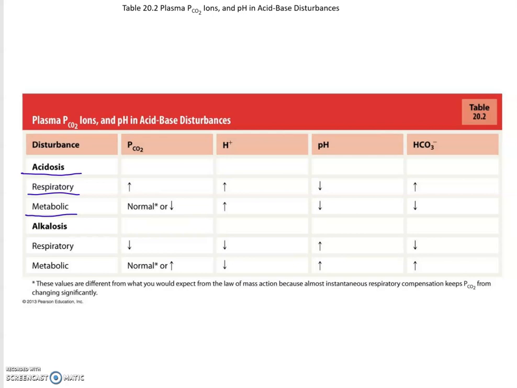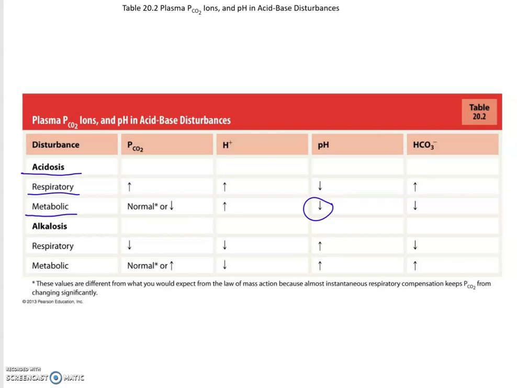Metabolic acidosis would be that for some reason through the steps in your metabolism, you produce too many hydrogen ions. Either way, the pH is down, so you're moving more acidic, and you could compensate again for that with your respiratory system. So let's say you have a ketoacidosis, that would be a metabolic type of acidosis.